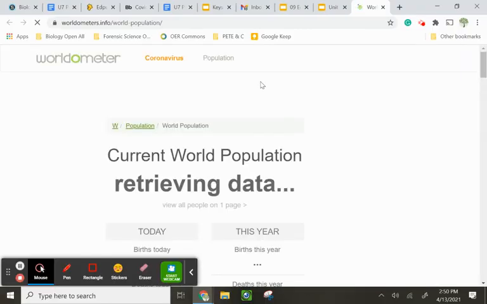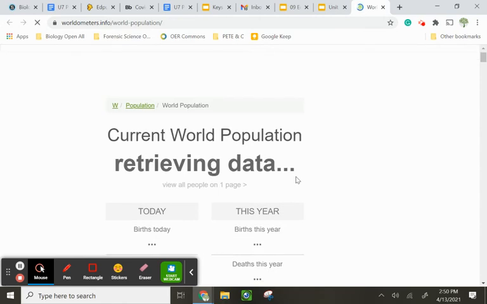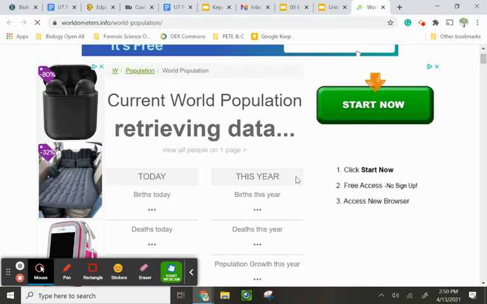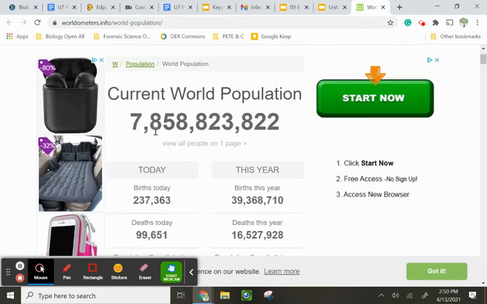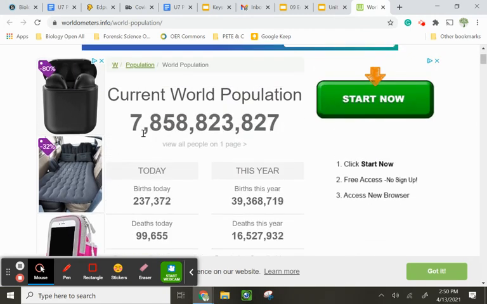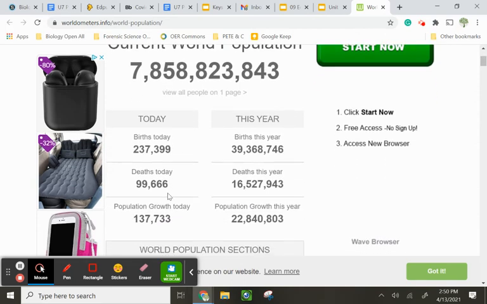The human population clock is fun to take a look at because it shows you ads that we don't want to see. But the current Earth's population is 7,800,000,000 people. These are how many have been born so far today. These are how many people have died so far today.